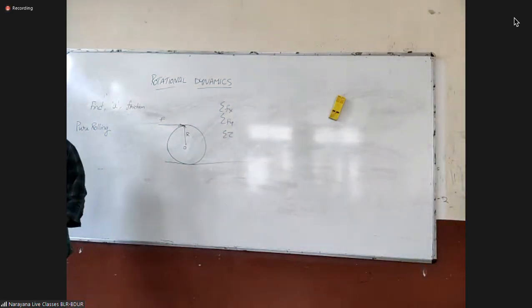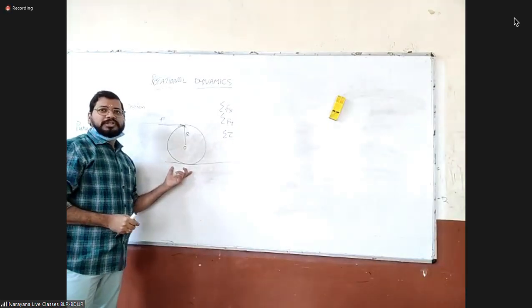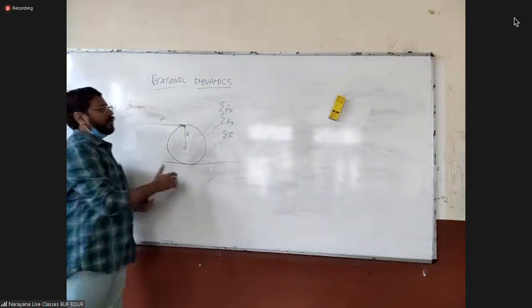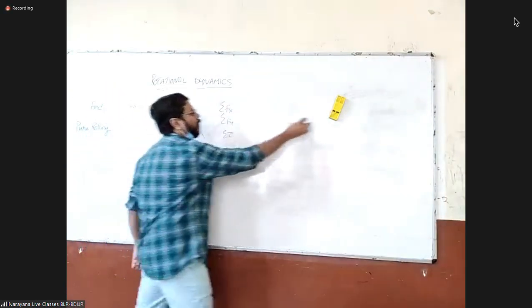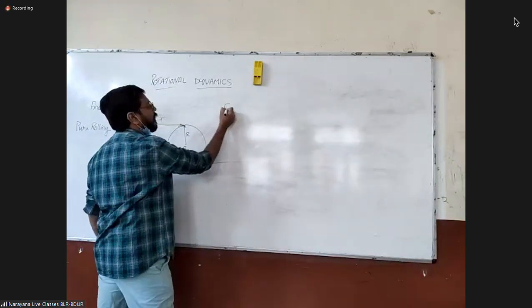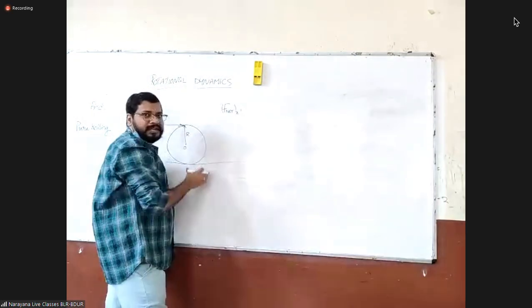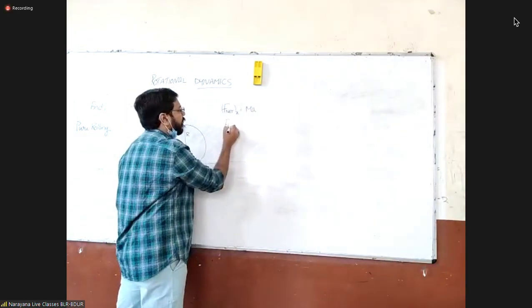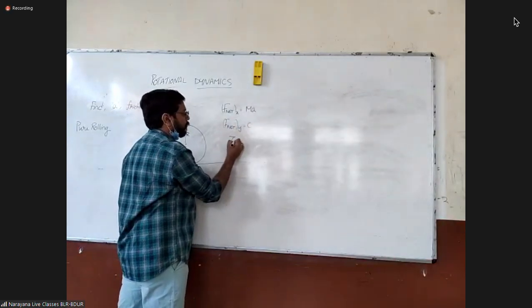Okay. Now, is the body stationary? No. So definitely it will have an acceleration. Correct? So will sigma Fx be equal to 0? No. So now what you will take is F net in x direction, F net in y direction, and net torque.